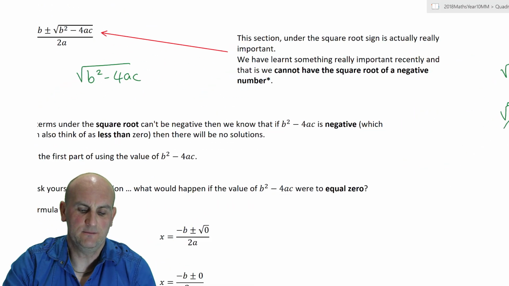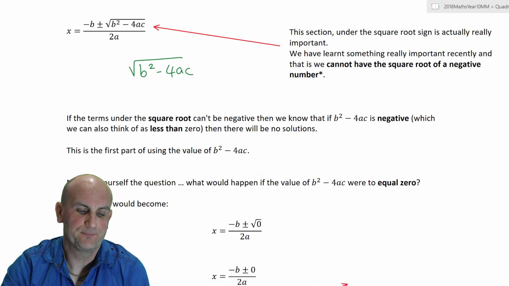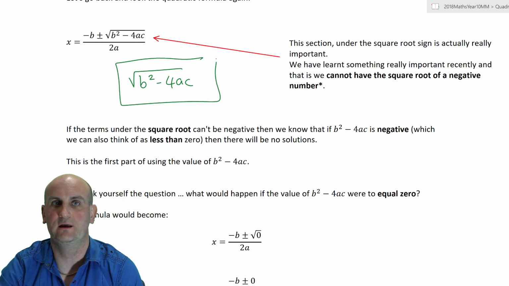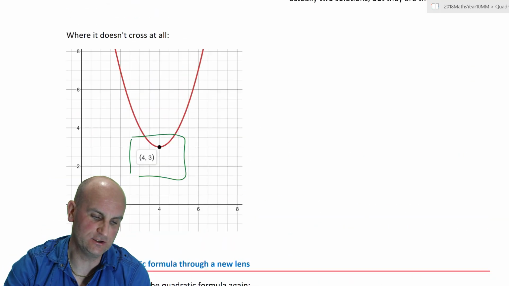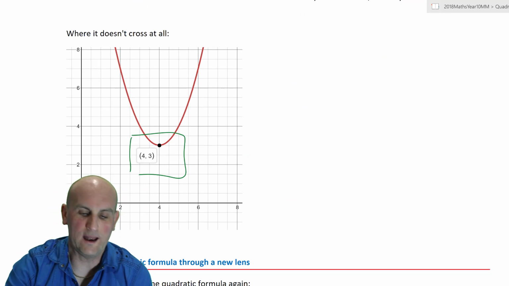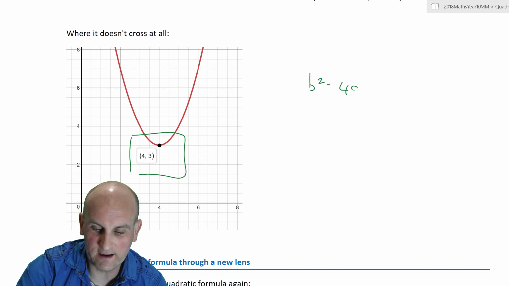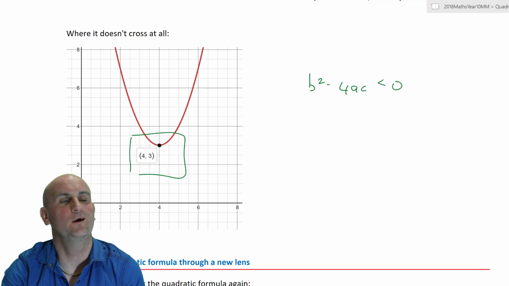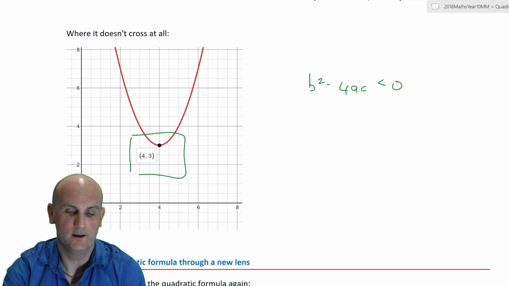That's interesting, because it suggests that if this b squared minus 4ac turns out to be negative, then we can't solve it. And ka-ching! Ladies and gentlemen, there we go. When b squared minus 4ac is negative, which I'm going to write as less than 0, we now know there are no solutions. Woo!